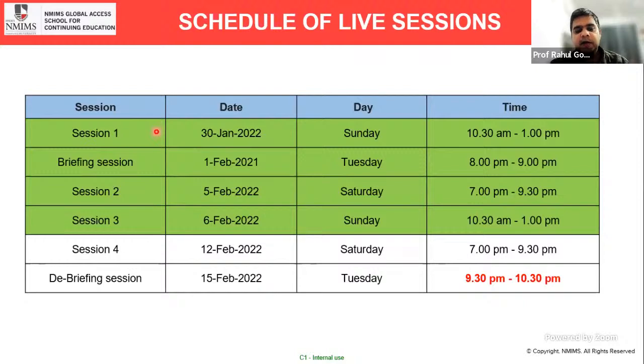We had 4 sessions in all, of which one session was the briefing session regarding the HBR simulation of the root beer game. Today is session 4, and one important update on the debriefing session: the deadline to complete your simulation is the end of tomorrow. After that, we are going to have one debriefing session on Tuesday. Earlier the time was 8 to 9, but there is a new time slot for the discussion, which is 9:30 to 10:30.